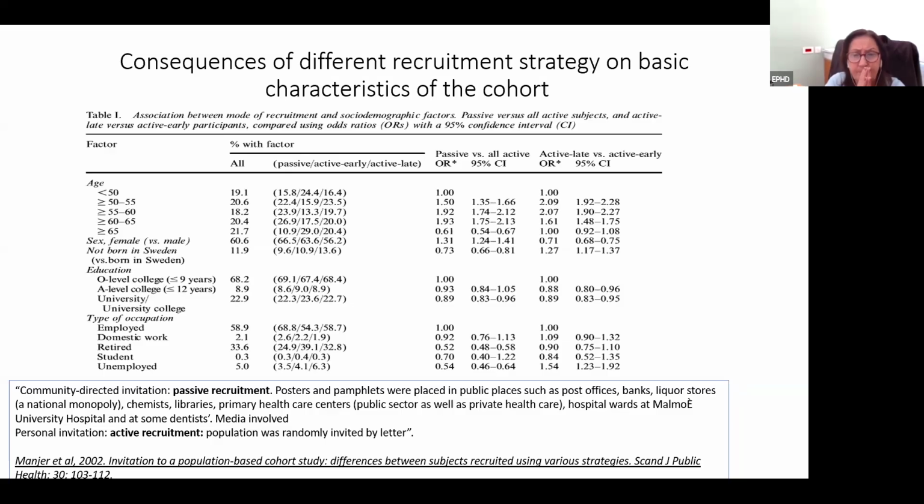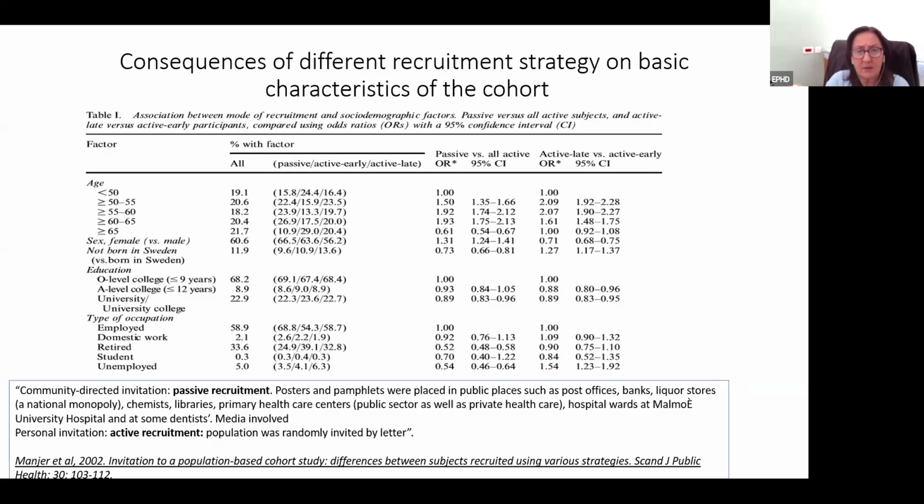It's called passive. Another way of recruitment, as we try to see what kind of people I can get for my cohort, is more active recruitment. For the population I'm interested in, I can invite them by letter, and I can go to their places. I can knock on their door. So this is more active recruitment, personal invitation, knocking on the door.